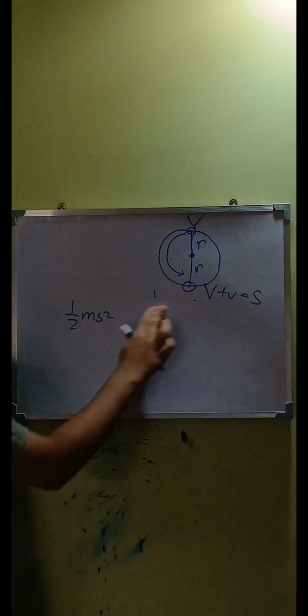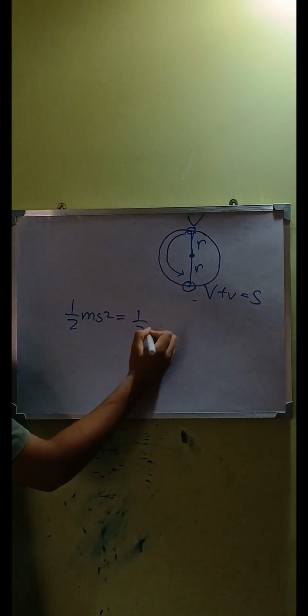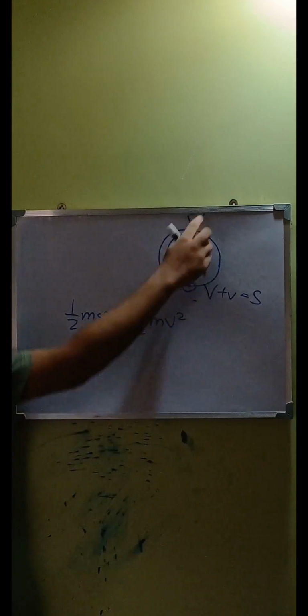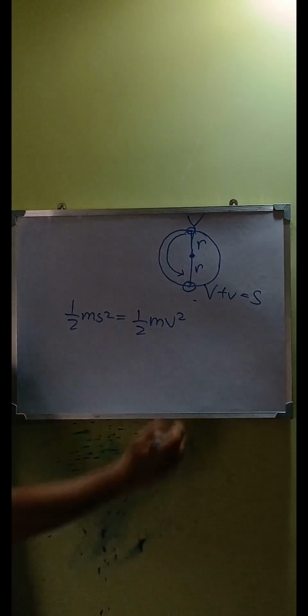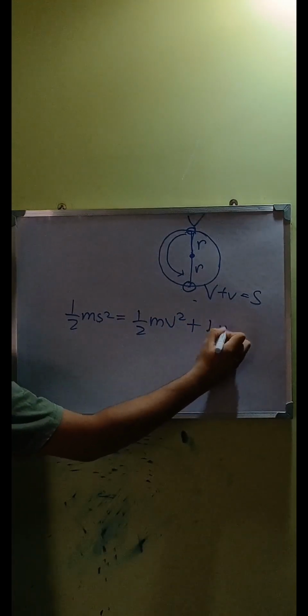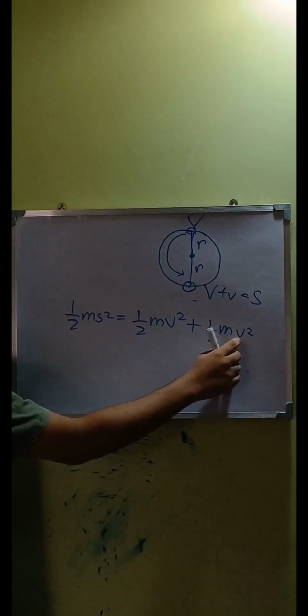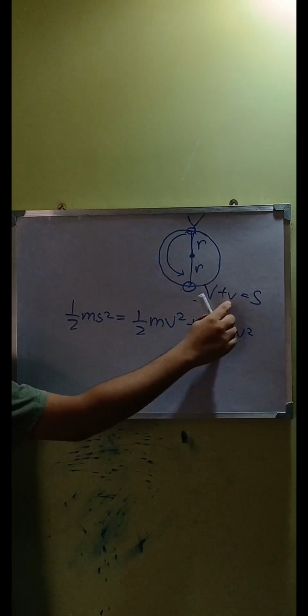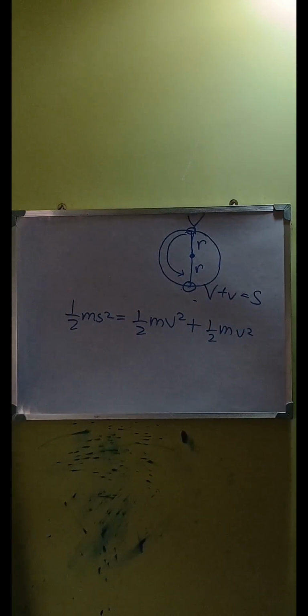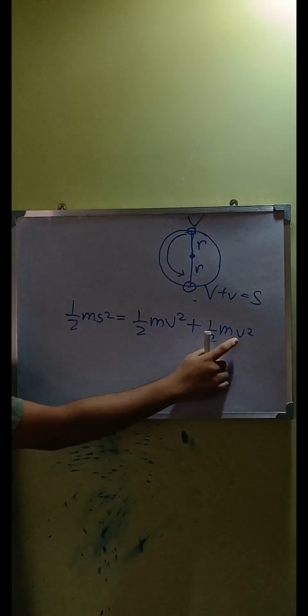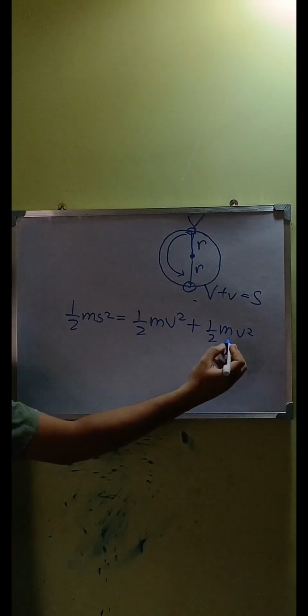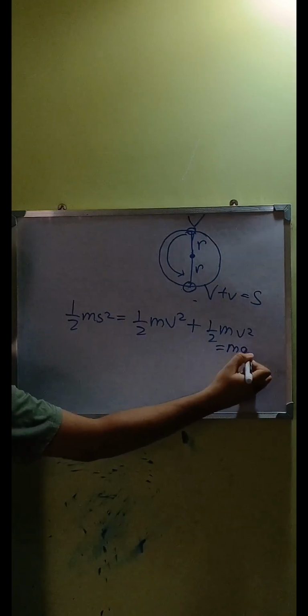So, half m s squared equals half m v squared, where this v is the minimum velocity at the topmost point, plus half m small v squared. Here, half m small v squared is the extra kinetic energy gained due to the lost height. Now, according to the law of conservation of energy, this half m small v squared should be equal to mg 2r.